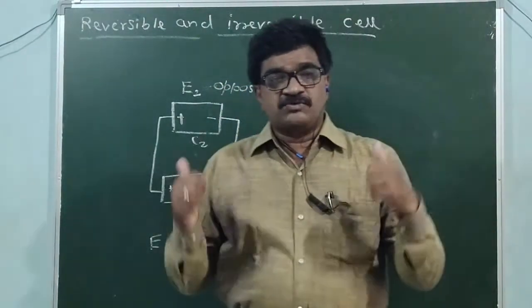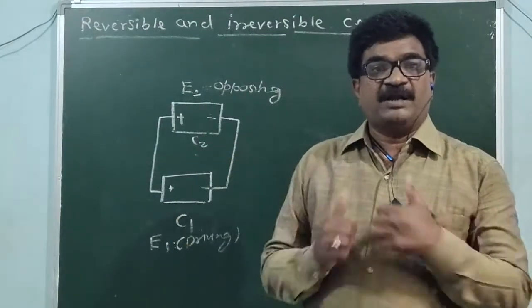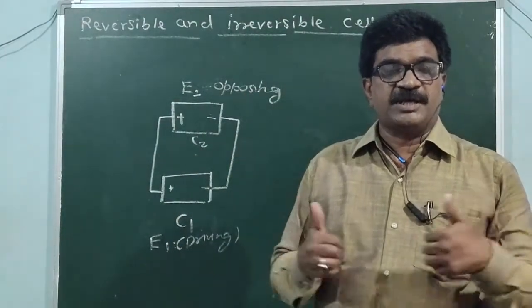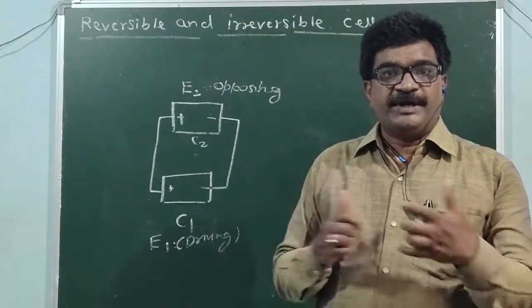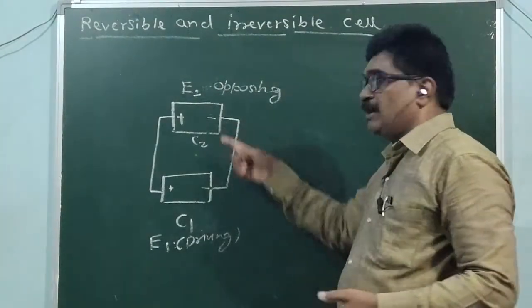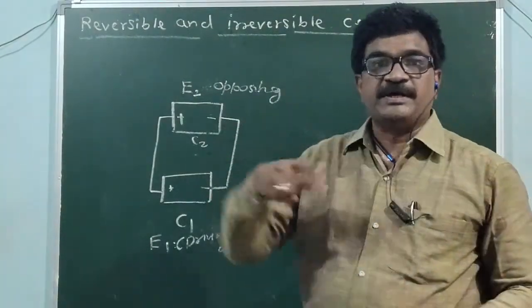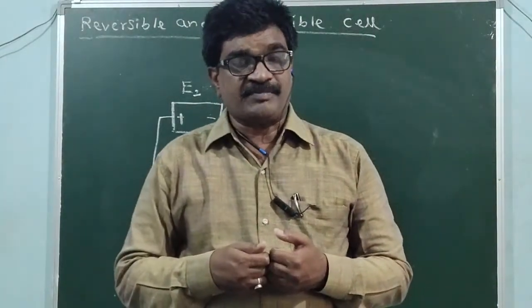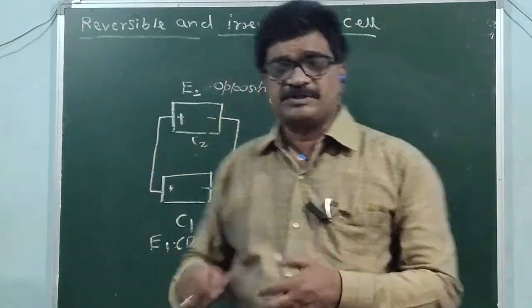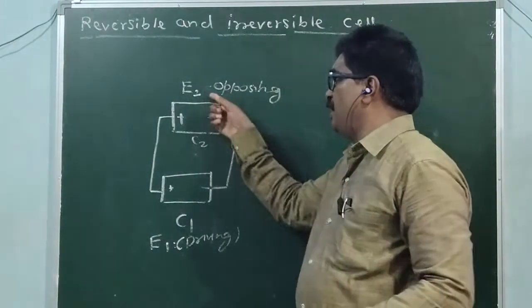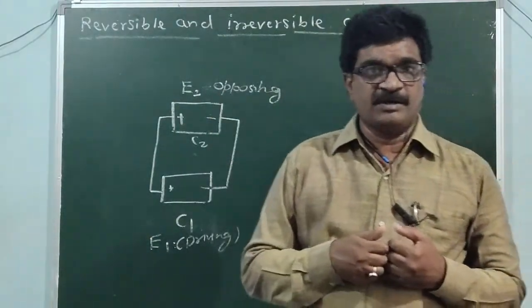Now when these two cells are joined in a parallel combination, there will be a competition between the two cells for flowing the current in the circuit. That is why we have used the two words, the driving EMF and the opposing EMF.